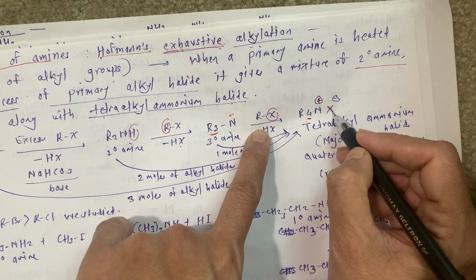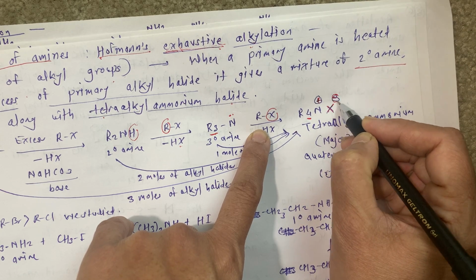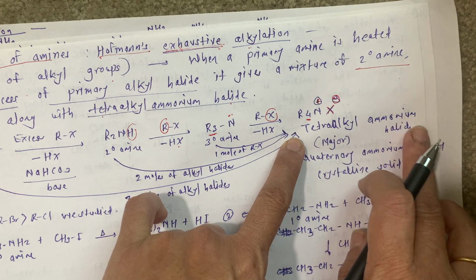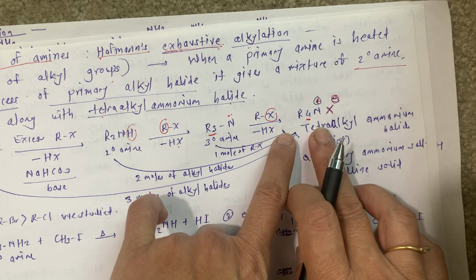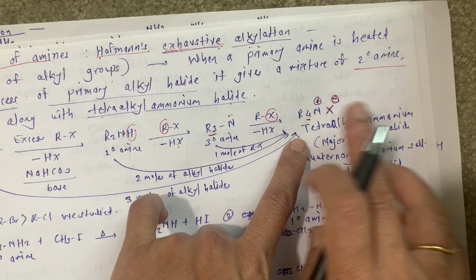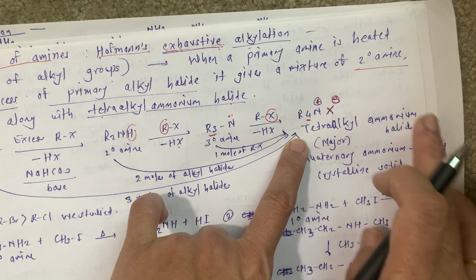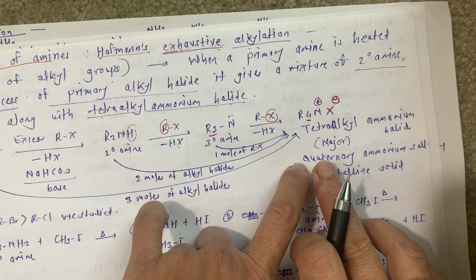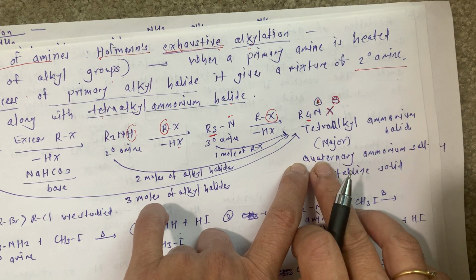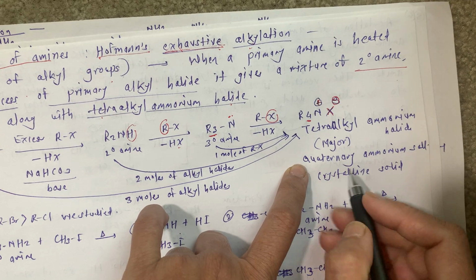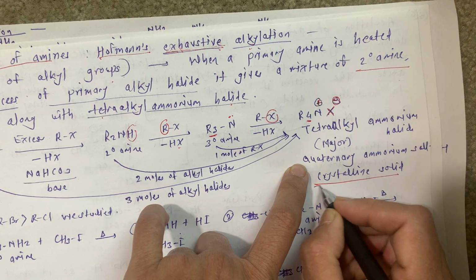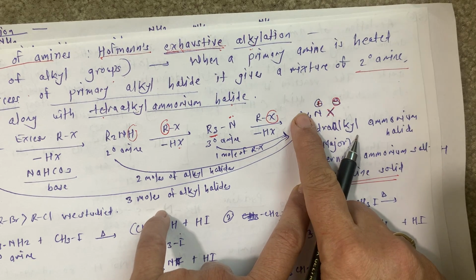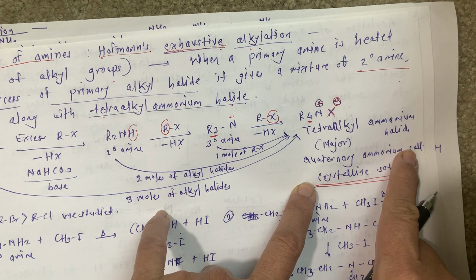This X attaches and acquires a negative charge, forming tetraalkyl ammonium halide, which is a salt and the major product. This is also called a quaternary ammonium salt, and it is solid in nature, a crystalline solid.